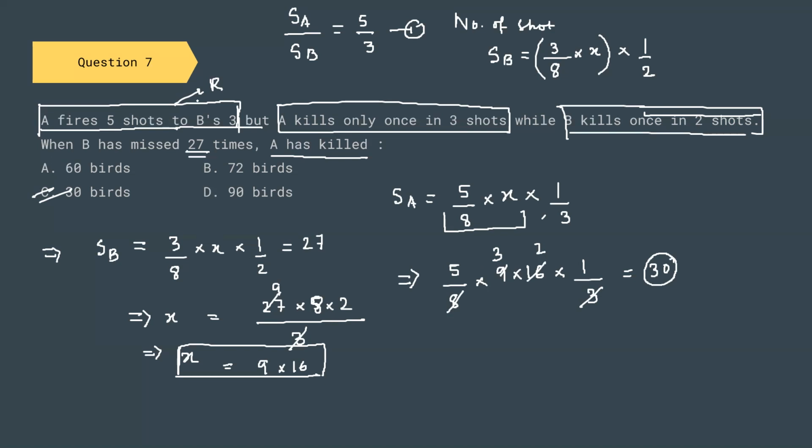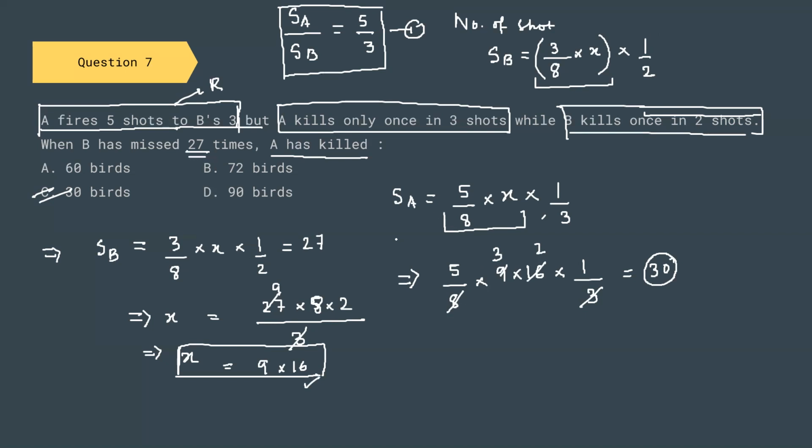So we can just review this question once. From this first relation, we know the ratio of shots taken by A and B. From this relationship, we can find out the total shots taken by B, and half of the total shots were missed by B. So from this relation, we can find out the value for x.